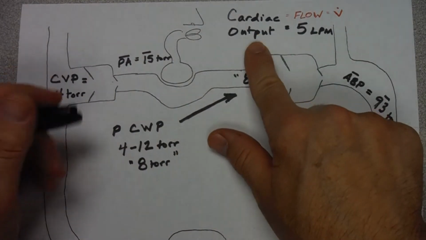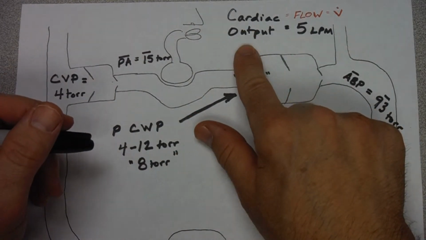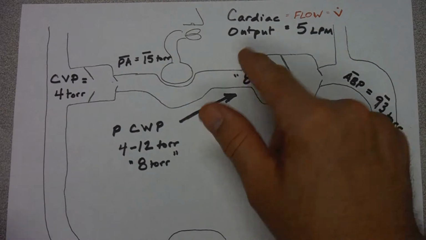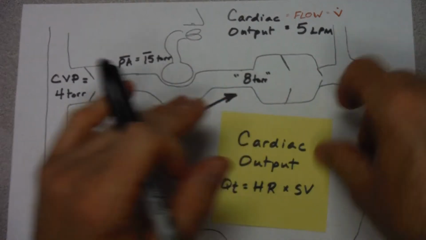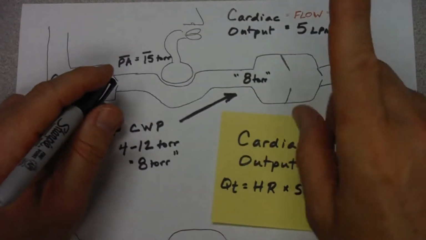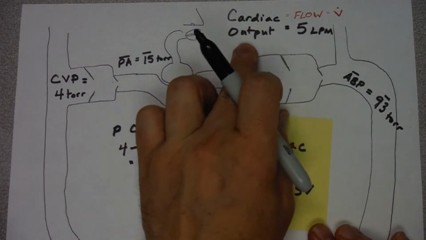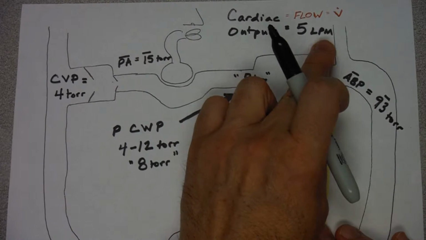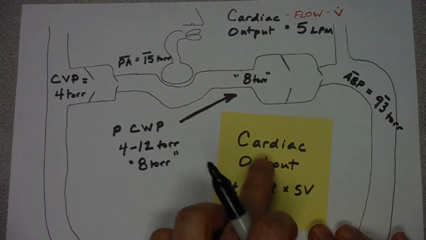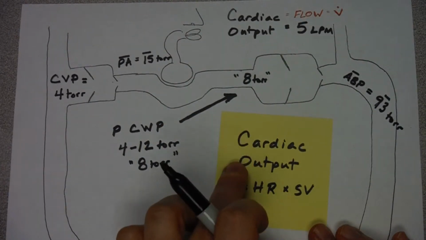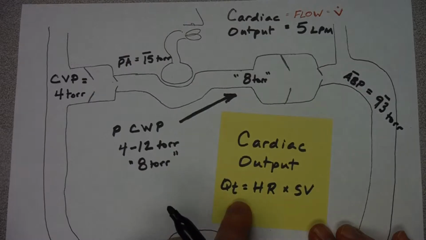Another item up here is what I have here for cardiac output. Some of you may know this already, but it's the total amount of blood that the heart can eject in 1 minute. So the value I have here for cardiac output is 5 liters per minute. The abbreviation is QT.